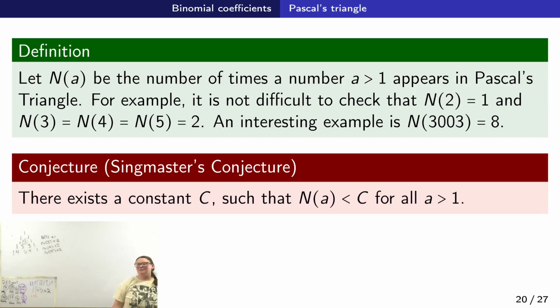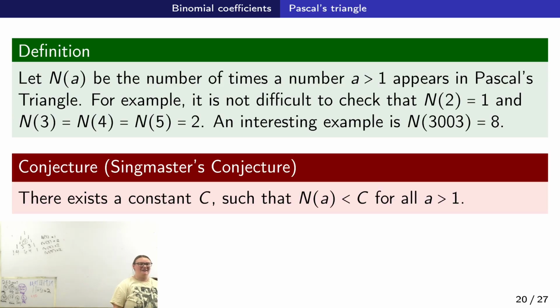So there's this really cool conjecture. It's still an open thing. Singmaster's conjecture says there exists a constant C such that N of A is less than C for all A greater than 1. Like a maximum bound. However, it's a conjecture.